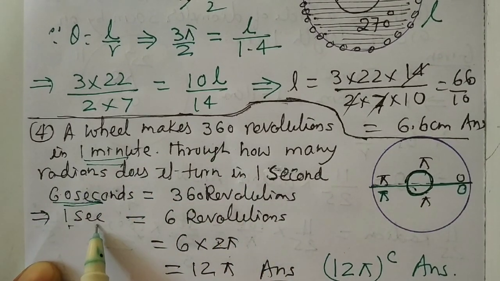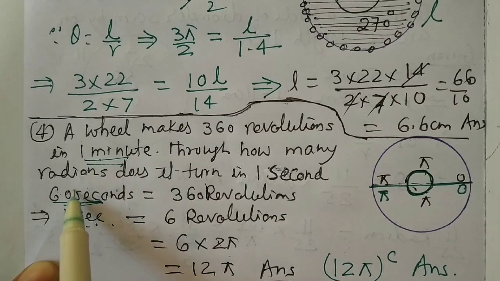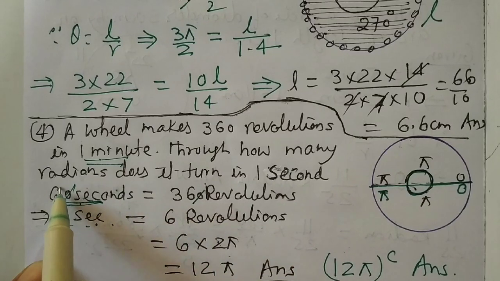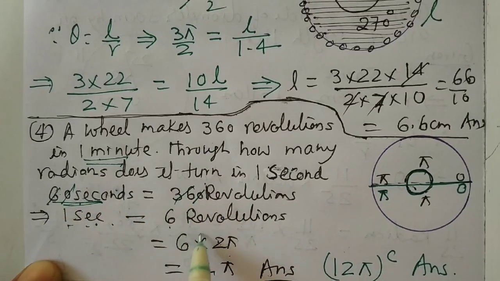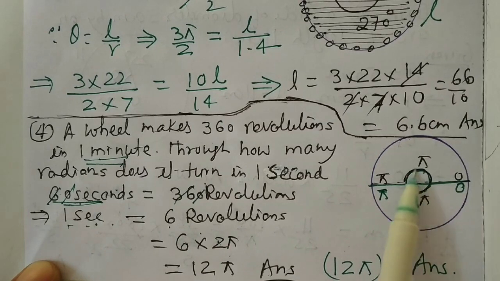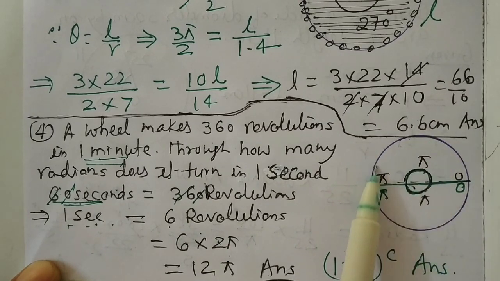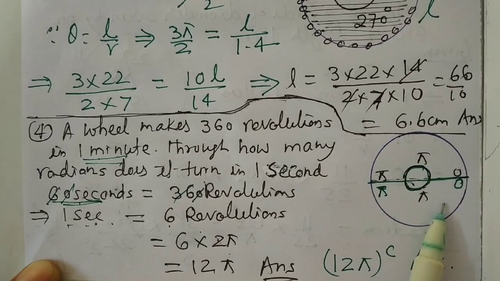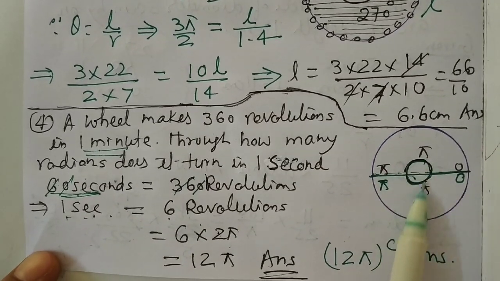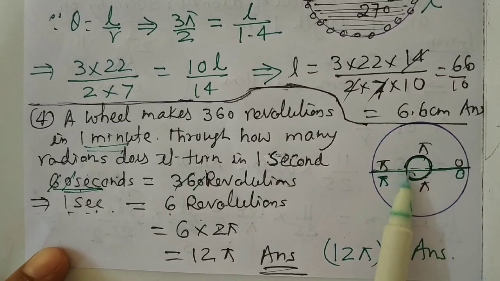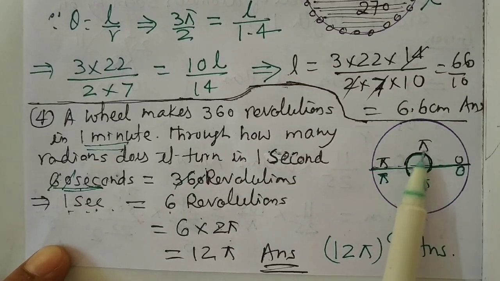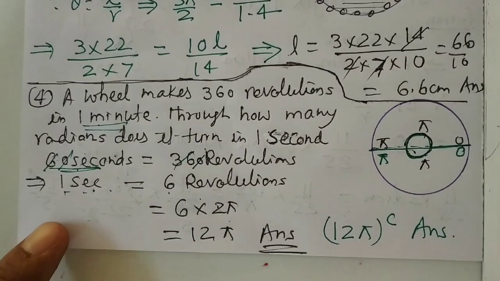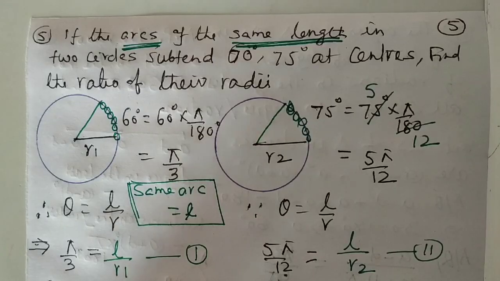So 1 second is equal to 360 by 60, which is 6 revolutions, and 1 revolution is 2 pi. 1 revolution means a protractor goes from 0 to pi, then one more from 0 to pi, so overall this is 2 pi. 1 revolution means the central angle is 2 pi. So 6 into 2 pi is equal to 12 pi radian.